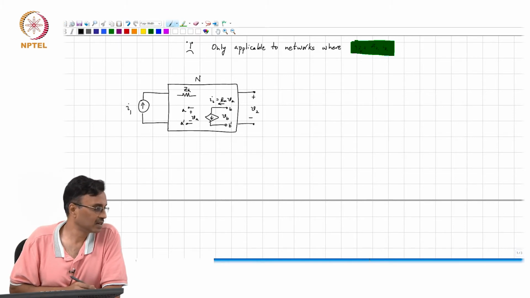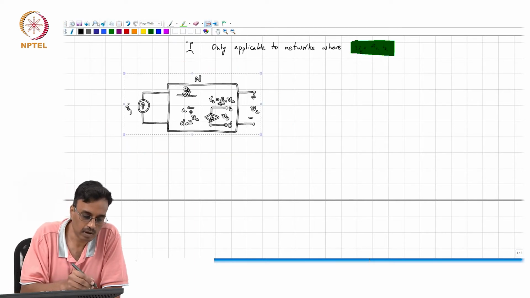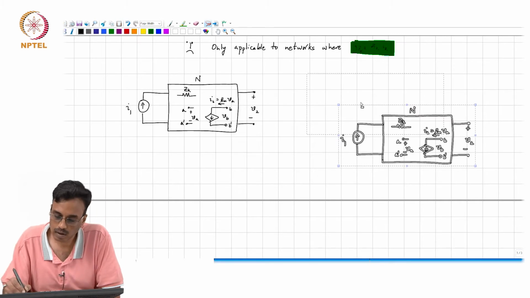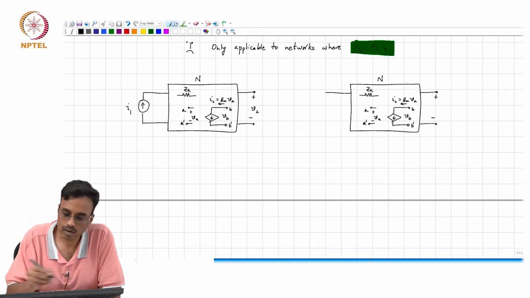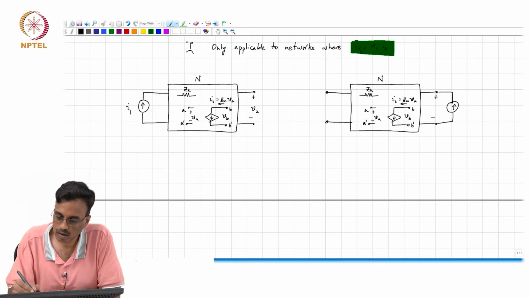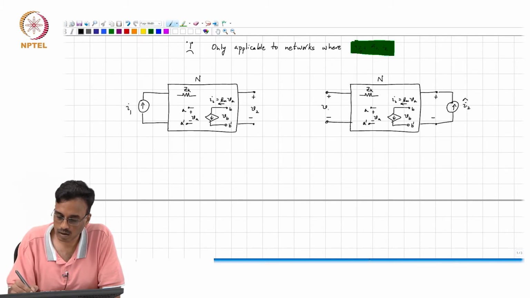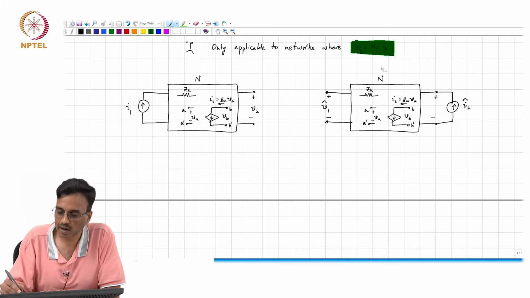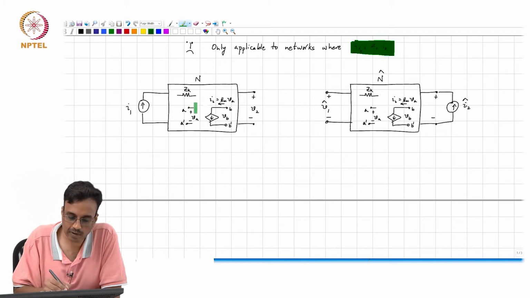So when we tried to relate the port currents and wrote Tellegen's theorem, we found that it all works out except for the contribution of this control source.